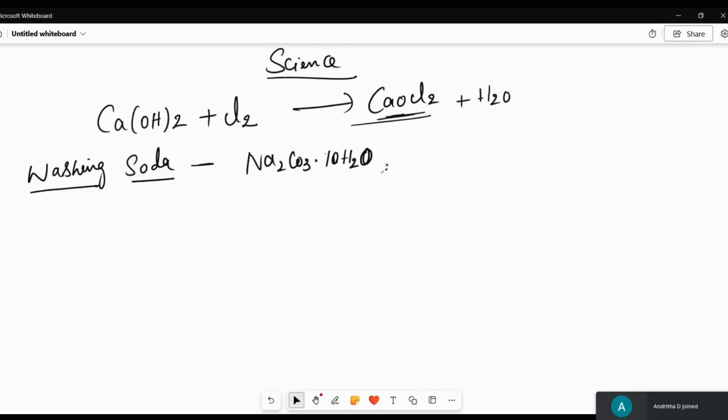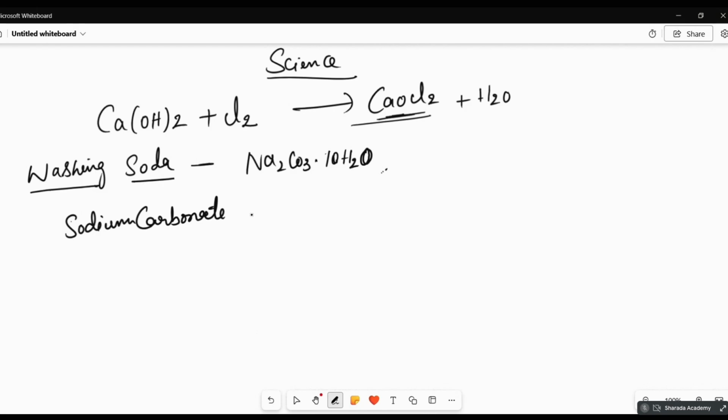Sodium carbonate decahydrate, so that is washing soda. That is Na2CO3·10H2O.